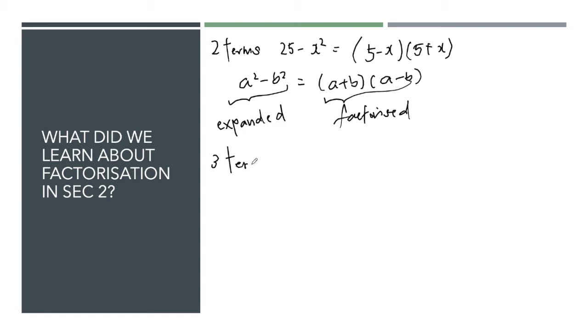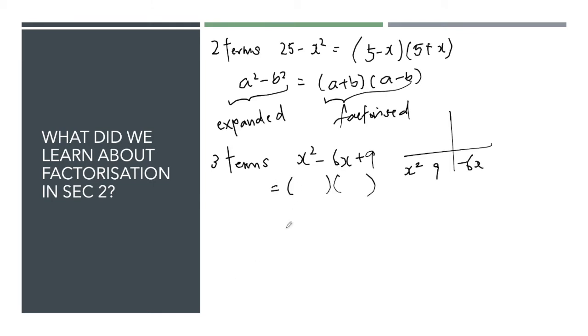And if you are given 3 terms, for example, in the case of just now, then you can go back to this cross method. This is not too difficult.